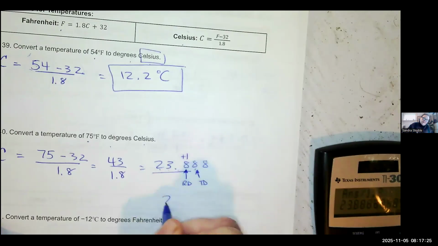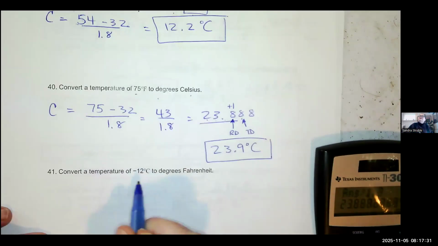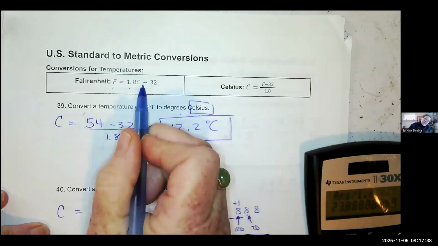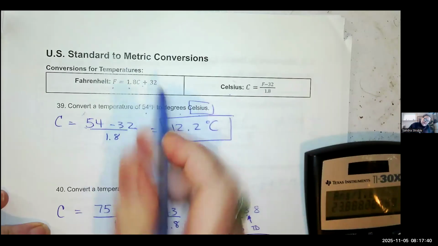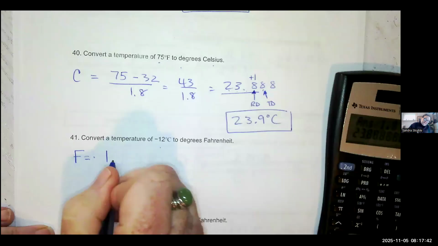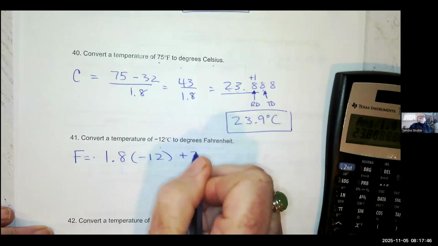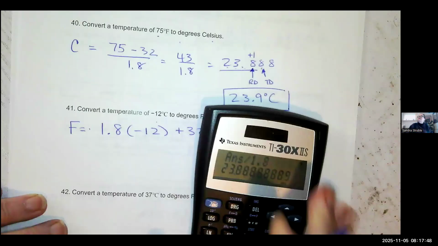Okay. The next, we're going to convert temperature of Celsius to Fahrenheit. So for Fahrenheit, we can put the whole thing in at once. It's 1.8 times Celsius plus 32. All right, so putting this in your calculator, please do not use the subtraction sign for your negative.